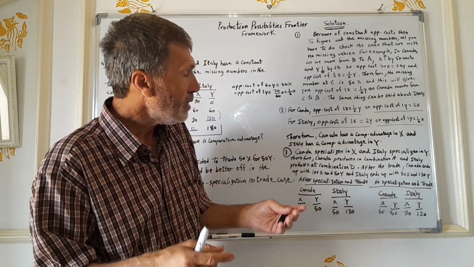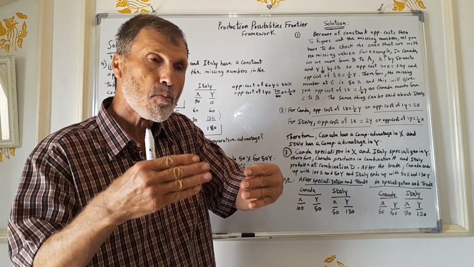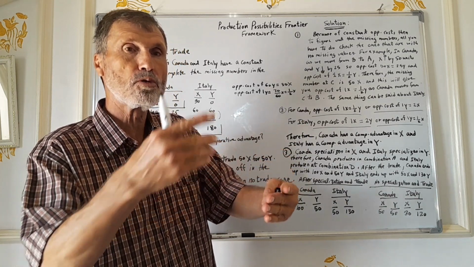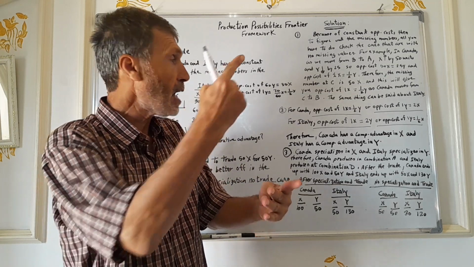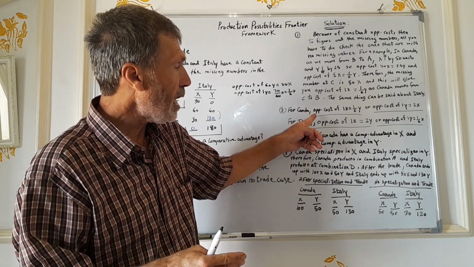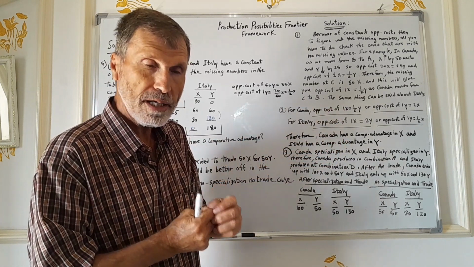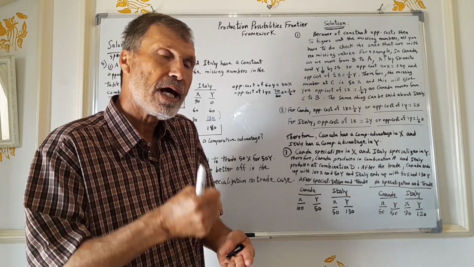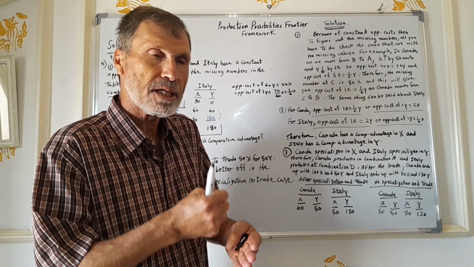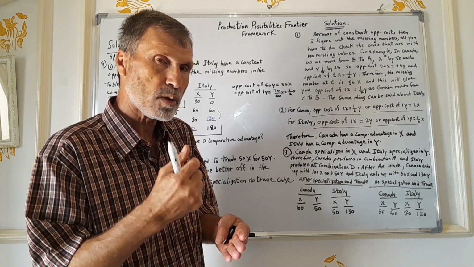So we say that it costs Italy more units of y to produce 1x than Canada. So Canada has a comparative advantage in the production of x. Why? Because it can produce x at lower cost. It costs Canada 1/2 y to produce 1x.